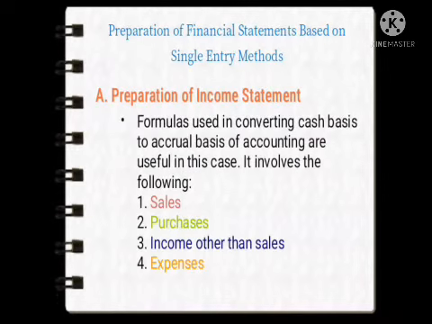In order to arrive at the traditional income statement, formulas used in converting cash basis to accrual basis of accounting are useful, and the following must be computed: the sales, the purchases, the income other than sales, and expenses from the single entry records given.